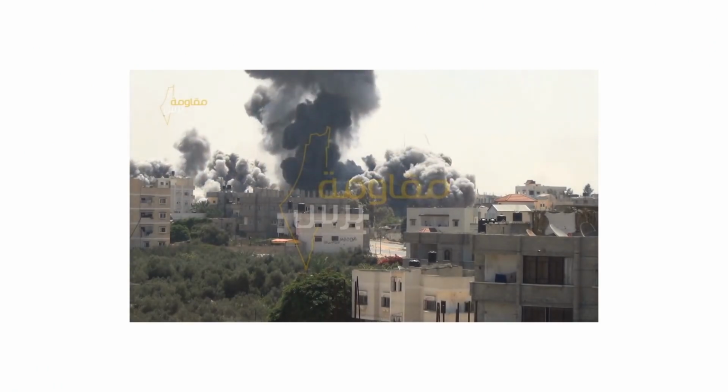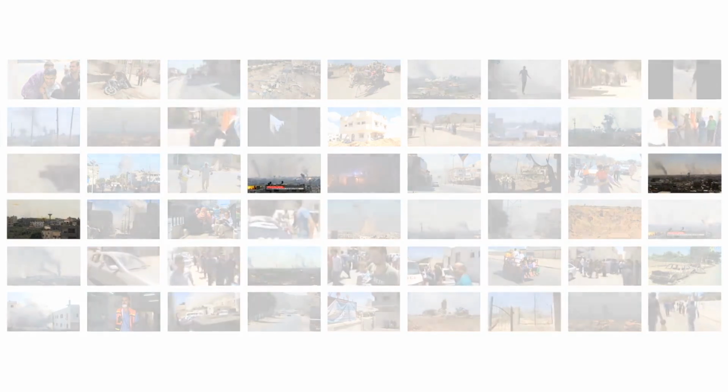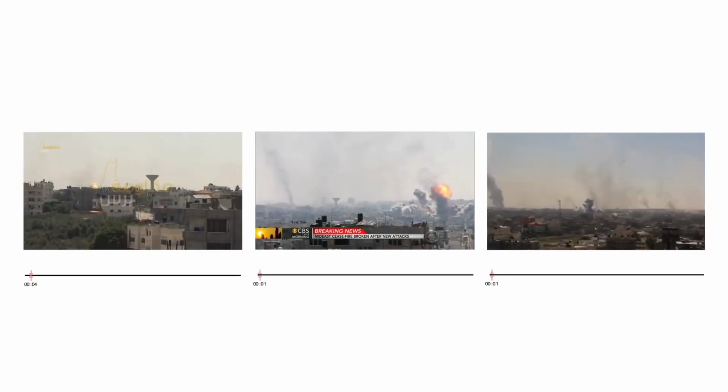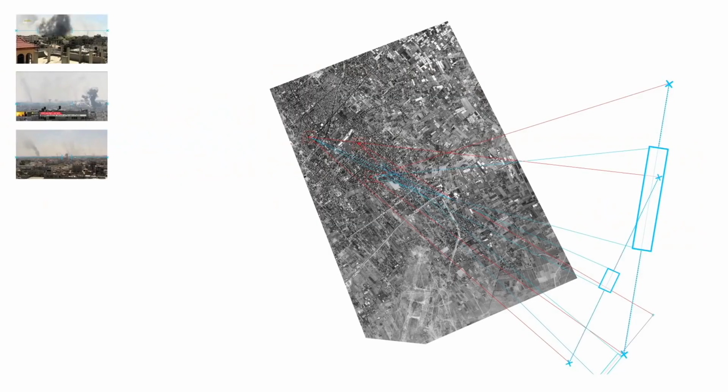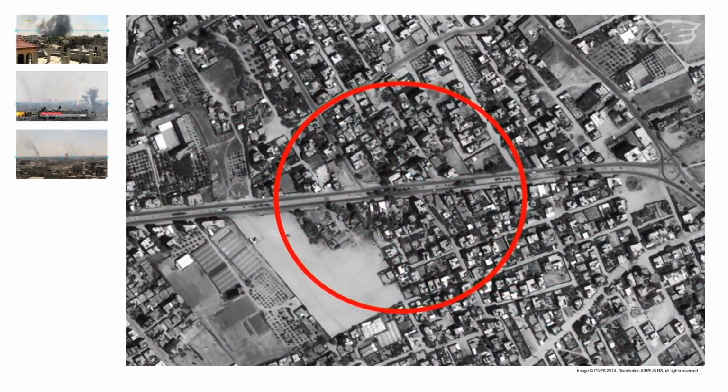How do you proceed with your inquiries? Imagine a bomb falls in Syria. The minute that happens, hundreds of people would switch on their smartphones and record that incident from multiple perspectives. In order to tell a story about what happened, you need to sequence those images in time and space.